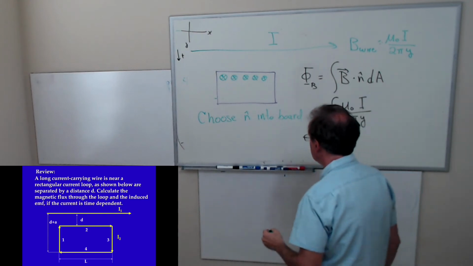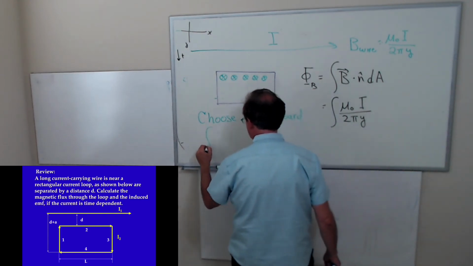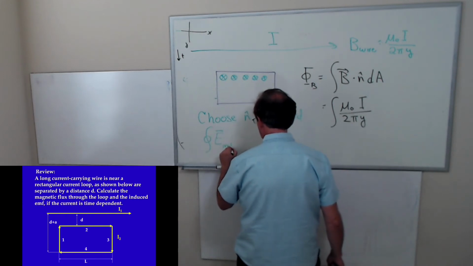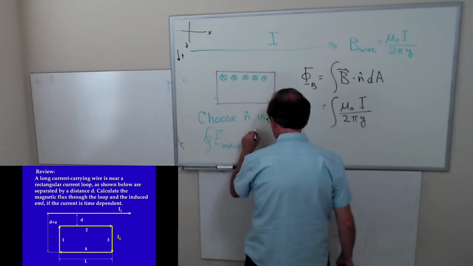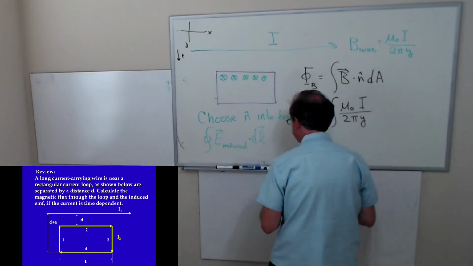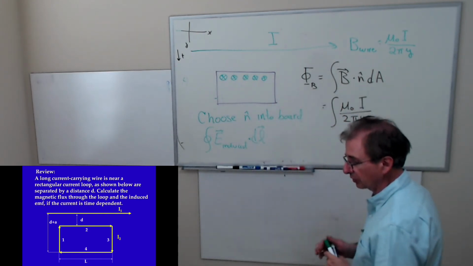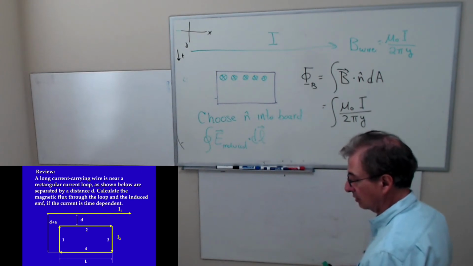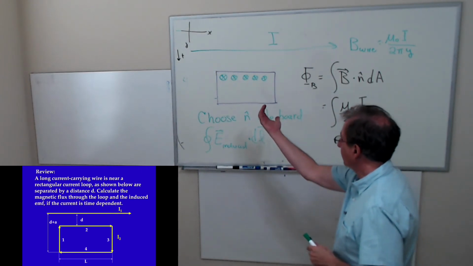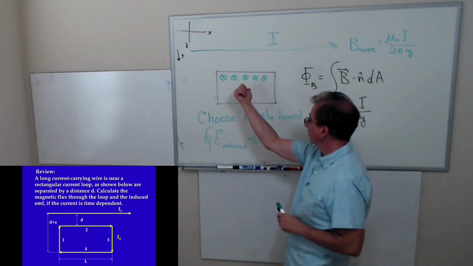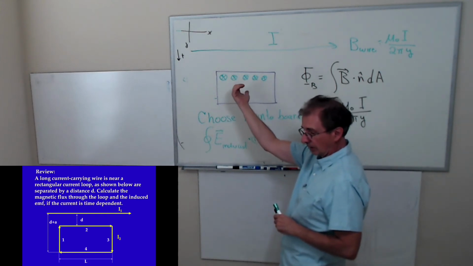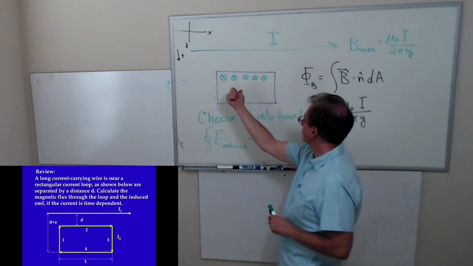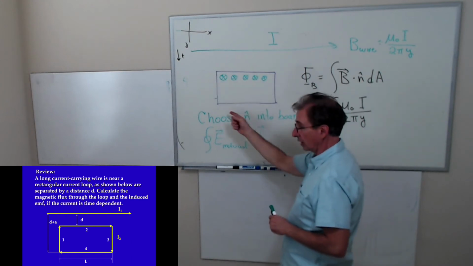What that would mean is, if I were to calculate the integral of E induced dot dl, just to be consistent with the right-hand rule, if my thumb points into the board, I'm going to be integrating clockwise.